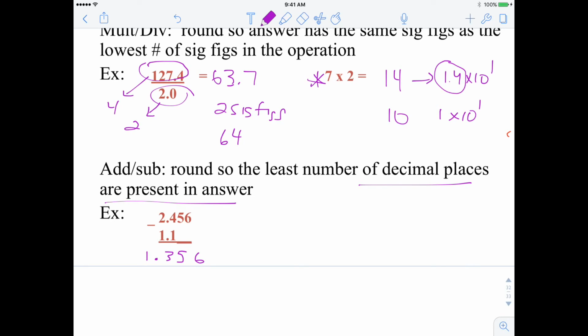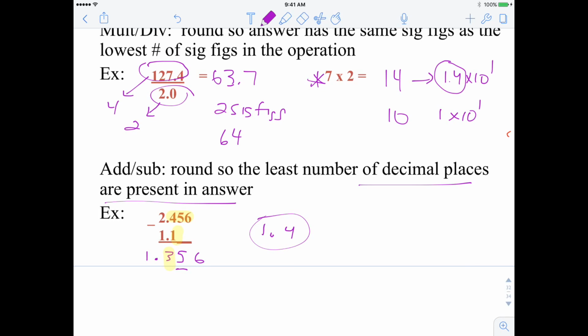My first value, the 2.456, has 3 values after the decimal. The second one has 1 place after the decimal. So I will round to 1 place after the decimal. I'm going to round to the 10th place. So now when I do this, there's a 5 next to it, so it's 1.4. Done.